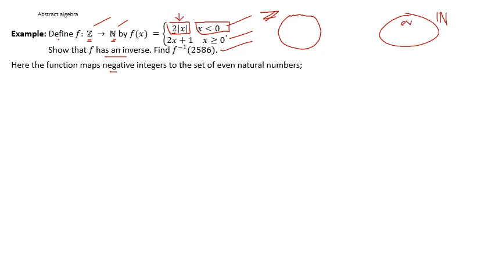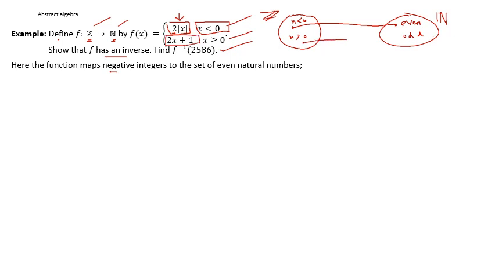N contains some even and some odd numbers. Whenever x is less than 0, it is mapped to an even number. And when x is greater than or equal to 0, 2x plus 1 is always an odd number.